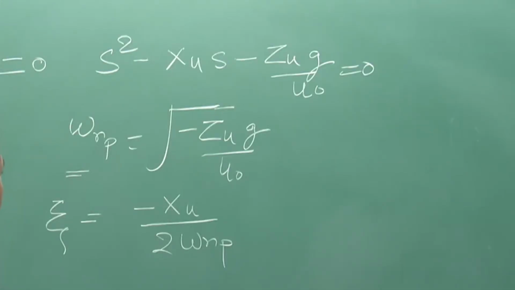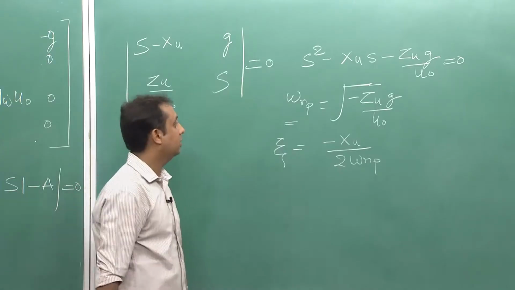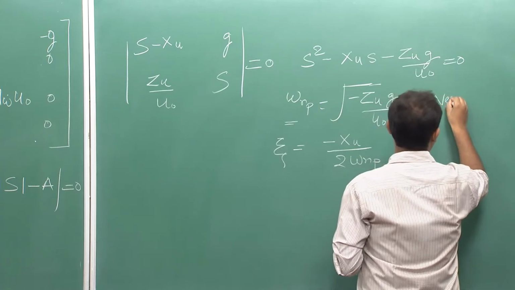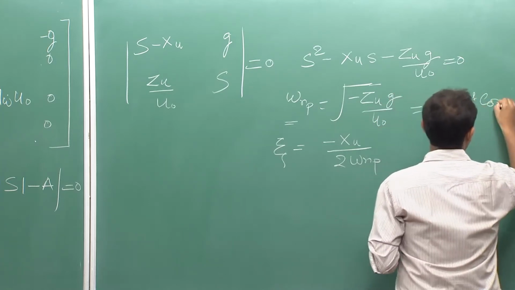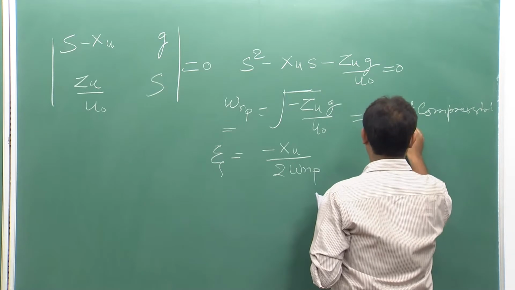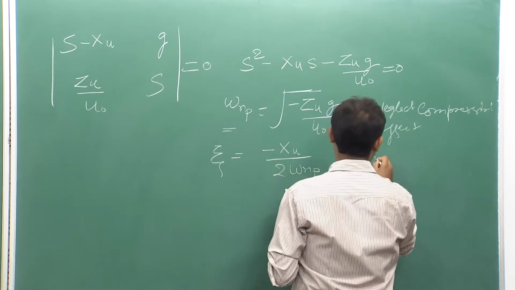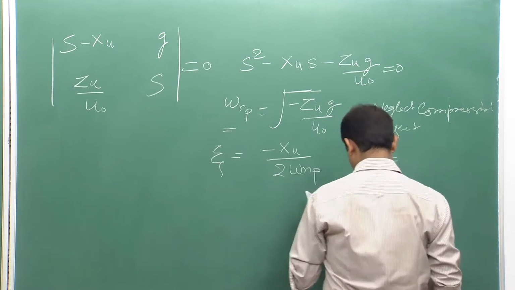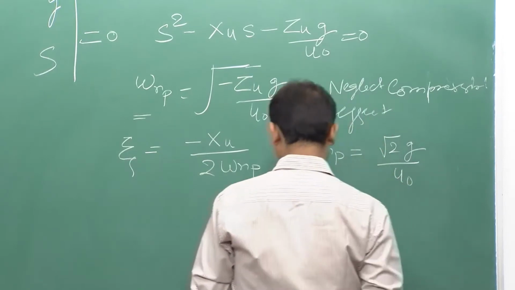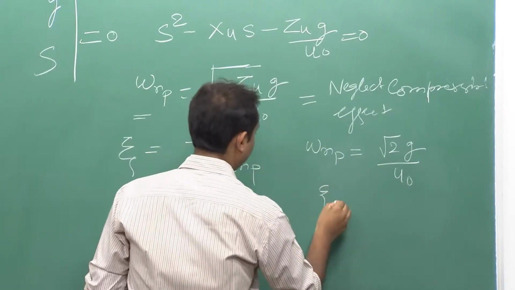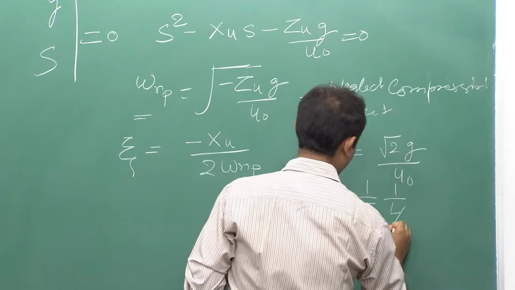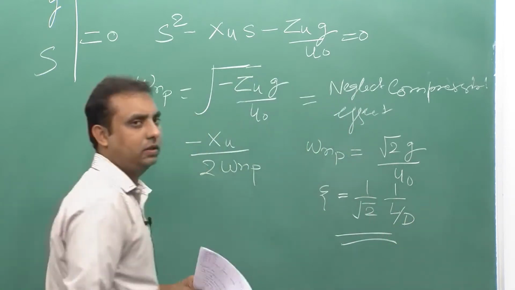If we neglect the compressibility effect in phugoid mode, the natural frequency formula reduces to omega n for phugoid equal to root 2 G upon U naught, and the value of zeta will become 1 by root 2 into 1 upon L upon D. These calculations you have seen in your previous lectures.